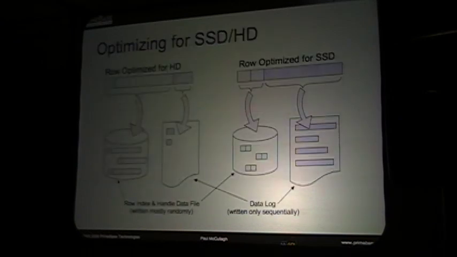So the basic idea behind the optimization is to maximize the sequential writes and minimize the random writes, and the architecture of PBXT actually makes this possible. On the left-hand side we have a record structure optimized for hard drive, and on the right-hand side we have a record structure optimized for the SSD, where I've adjusted the size of the fixed length data in the record so that I'm writing mostly sequentially, because the variable length data goes into the data log, and it's only written once, so that's another advantage.